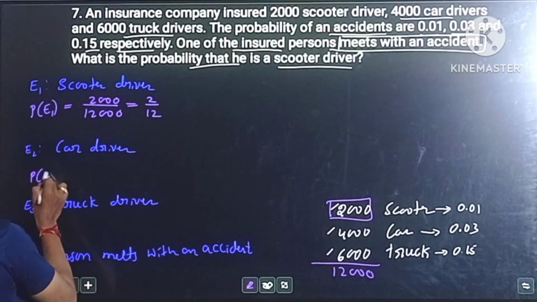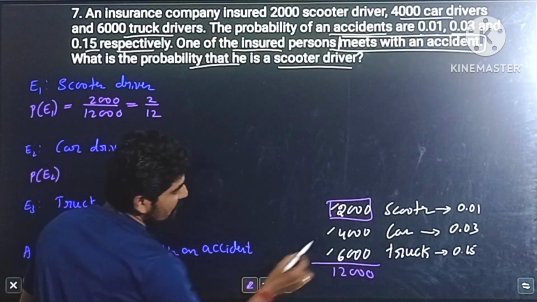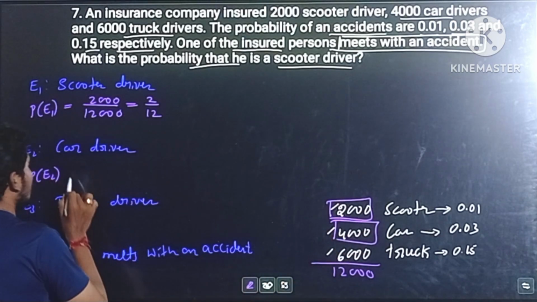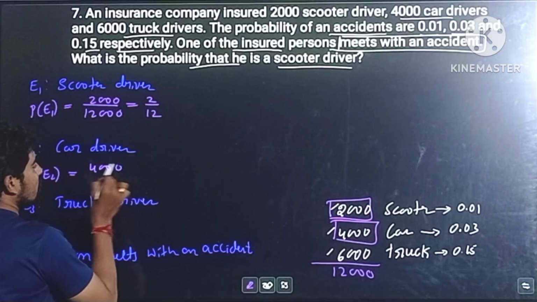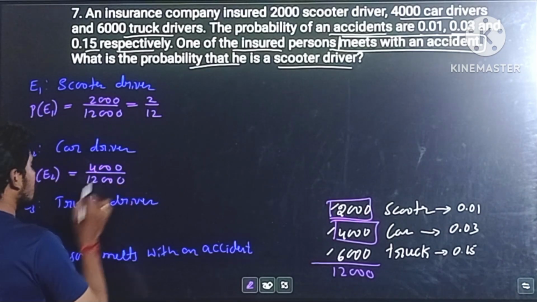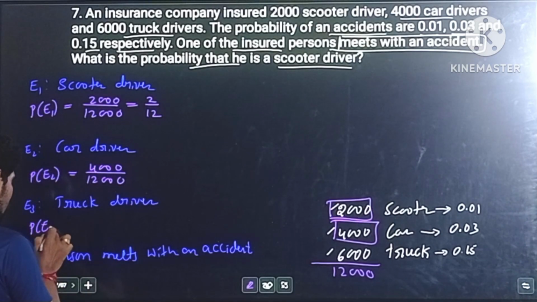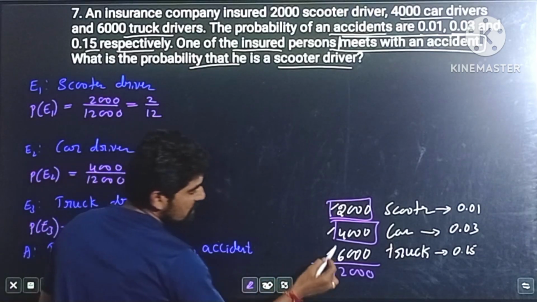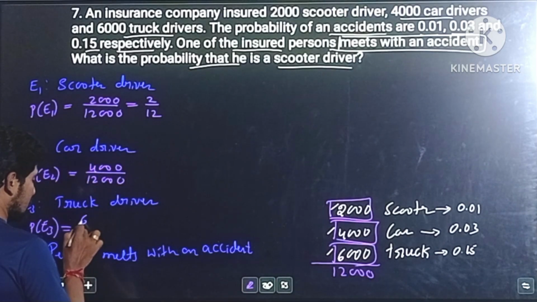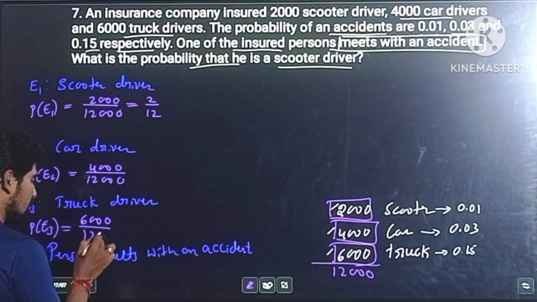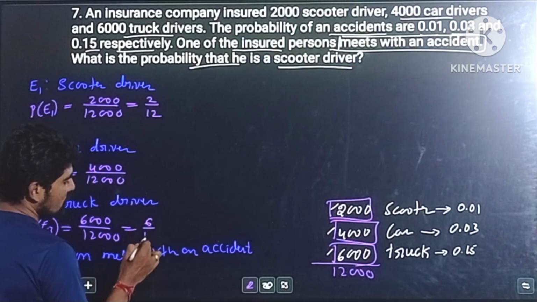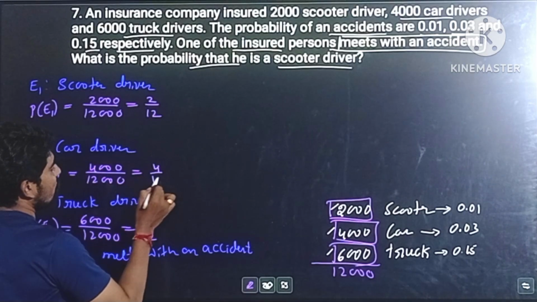The probability of E2, the car drivers, is 4000 by 12,000, which is 4 by 12. Similarly, the probability of E3 is 6000 divided by 12,000, which is 6 by 12.